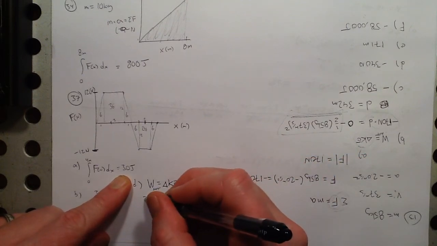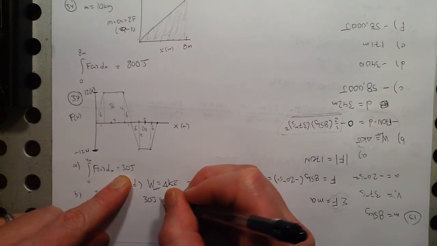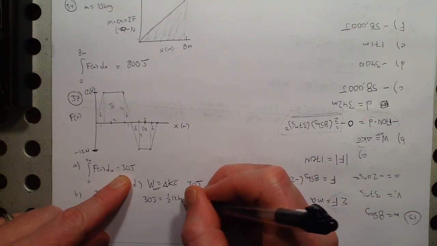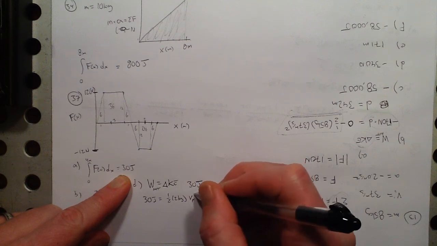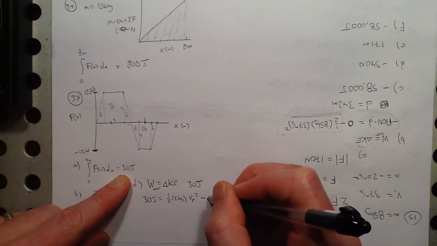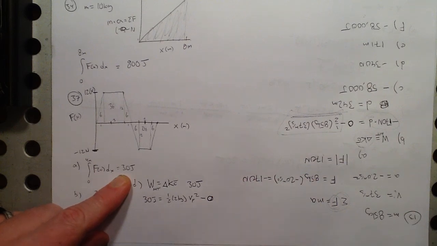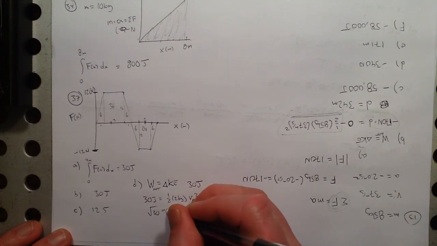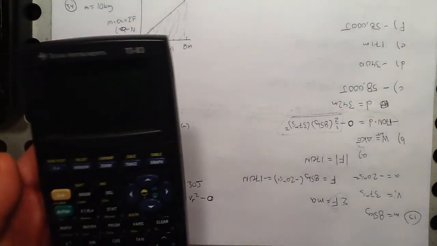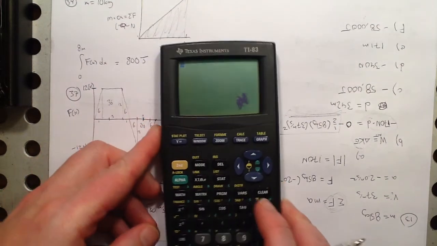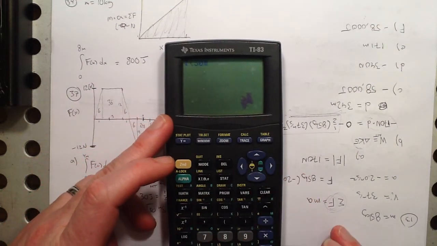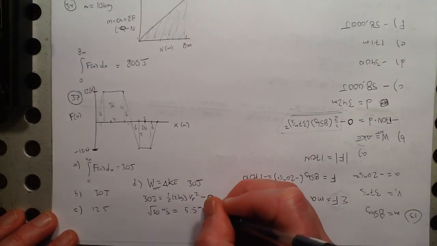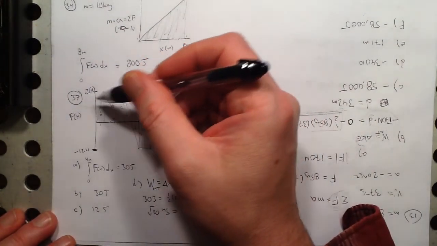So work is equal to change in kinetic energy, that's 1/2 mass times final velocity squared, and the initial velocity is 0. So that looks like the square root of 30, meters per second. The square root of 30 is about 5.5 meters per second. That's how fast.